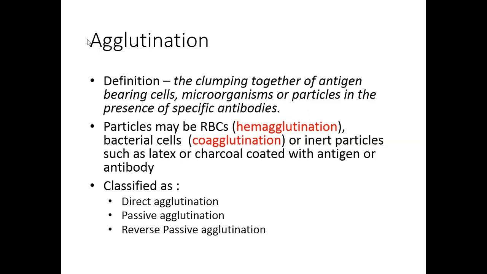So by definition, it's the clumping together of antigen-bearing cells, microorganisms, or particles in the presence of a specific antibody. So we have an epitope on an antigen with its specific antibody. What happens? They agglutinate out, they form clumps, and it's called agglutination.